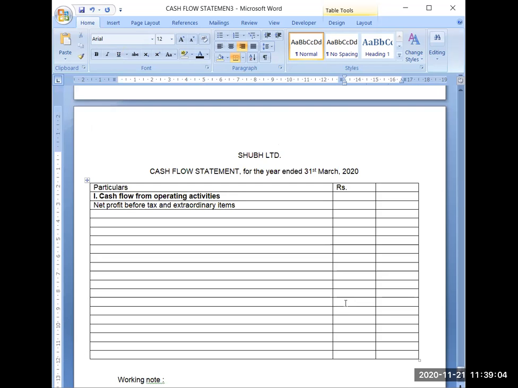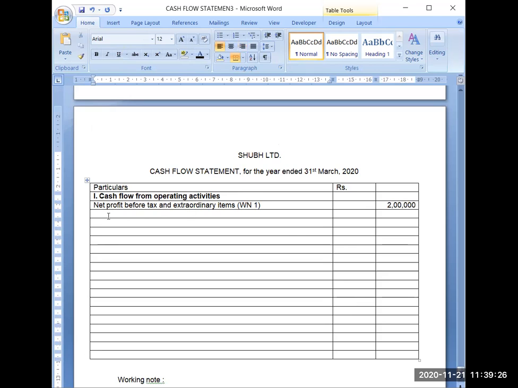So this we have calculated. So we will write here working note number 1. And this amount is 2 lakh. So step 1 is completed.